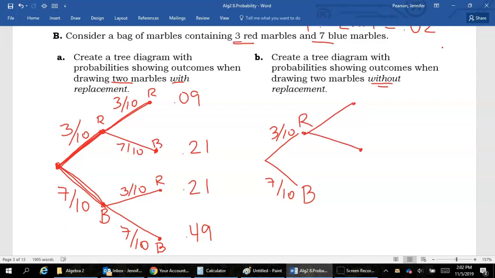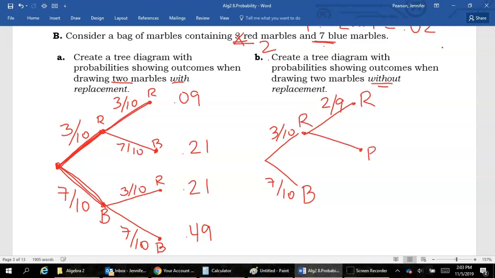If I had 3 reds and 7 blues and I take a red away, I now have 2 reds and 7 blues, so that means the chance of getting a red would be 2 out of 9. And that's important because I took a red away, so there's only 2 reds, but because I took a red away, I took one from the total as well, so there's not 10 marbles anymore, now there's only 9.